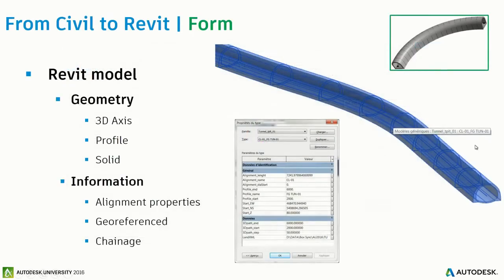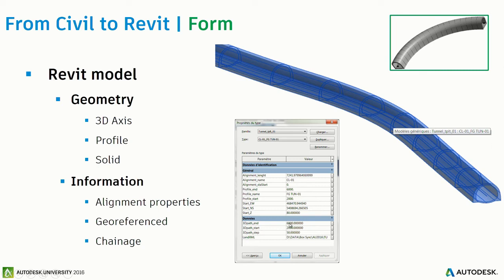So then I have the geometry. Okay, so it's a combination of a 3D axis, of profile, of solid. I've got some information. Remember, the Dynamo script fulfills some information, some properties I created. So I've got the alignment name, the start and end station. Here it's a full length.